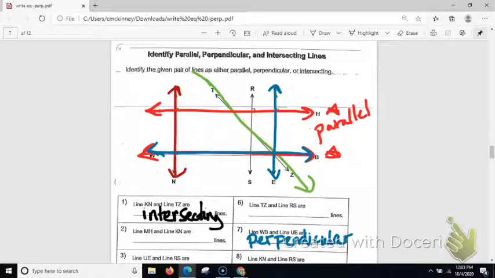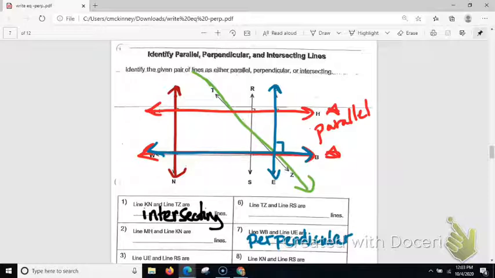They make this nice perfect corner. So parallel lines have the same slopes. Perpendicular lines have slopes that are opposite reciprocals, and we'll look at that a little more later. In this case, one's horizontal and one's vertical, so they're perpendicular.